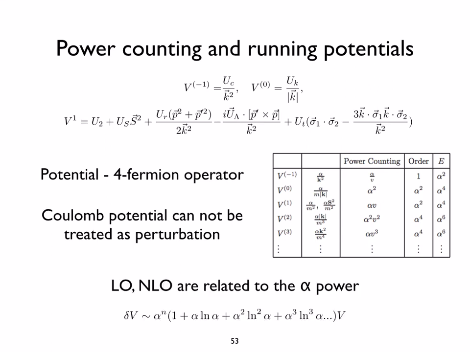We define the leading order and next to leading order running relative to the potential power itself, and for example the leading order running corresponds to n equals 1, and the next to leading order running corresponds to n equals 2.